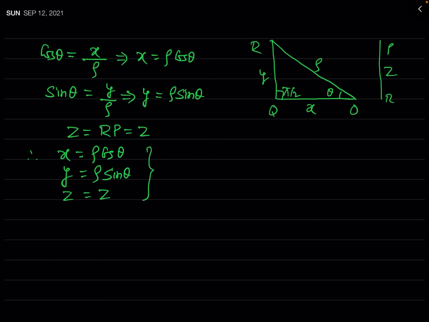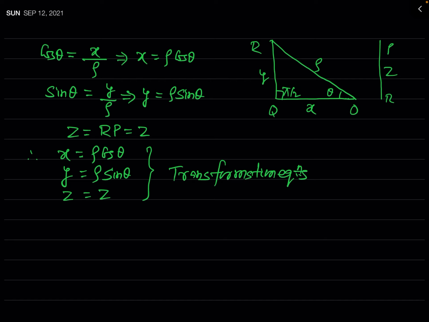This set of equations is known as transformation equations. You can see if you know the cylindrical coordinates rho, theta and z of a point P, then from these equations we can find the value of the Cartesian coordinates of the same point, which are x, y, and z.